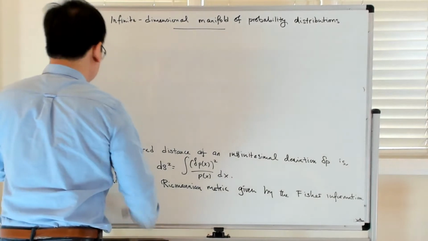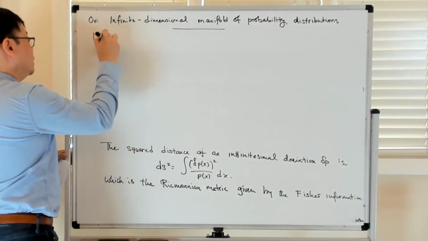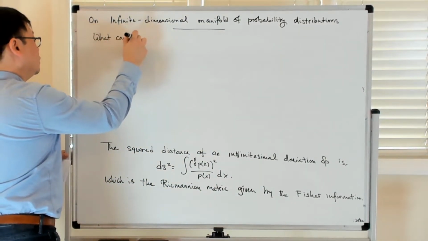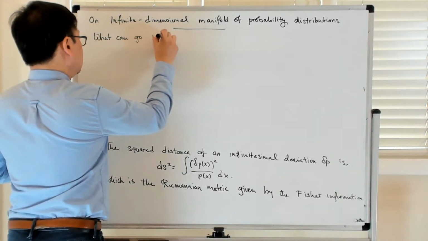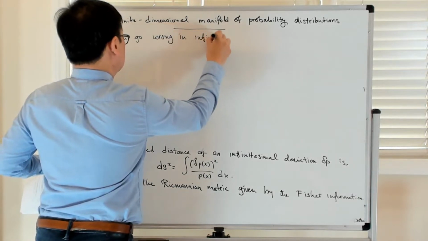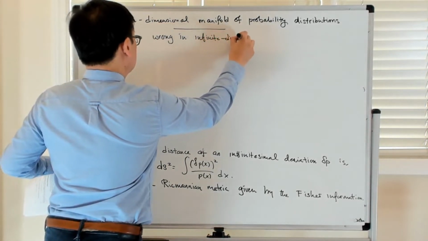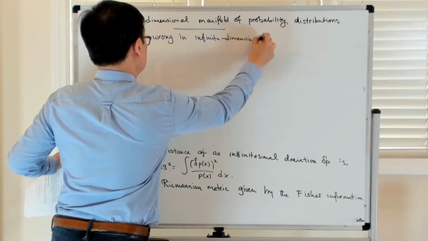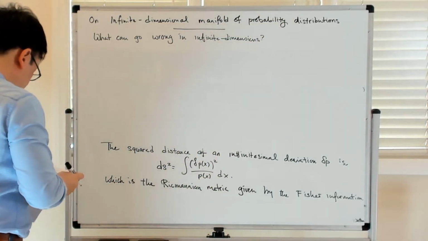So the question is, what can go wrong in infinite dimensions?